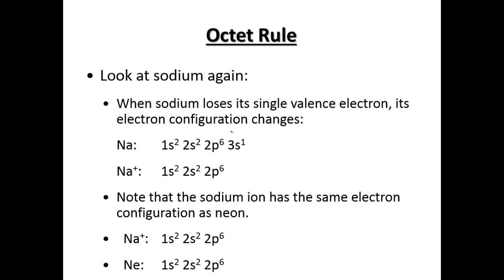Looking at sodium, 1s2, 2s2, 3s1, it wants to lose that outer electron, and as it loses it, it becomes positive in charge. Note, the sodium ion has the same electron configuration as neon now. So what we're looking for is a noble gas configuration.